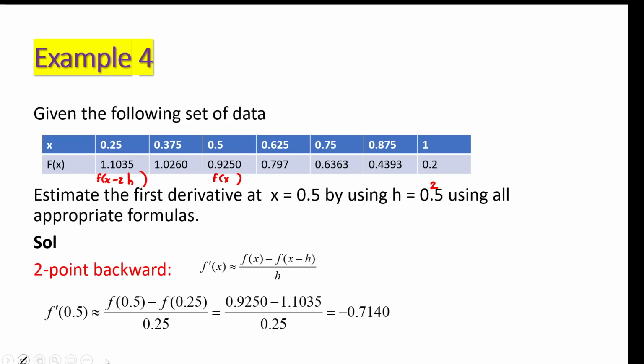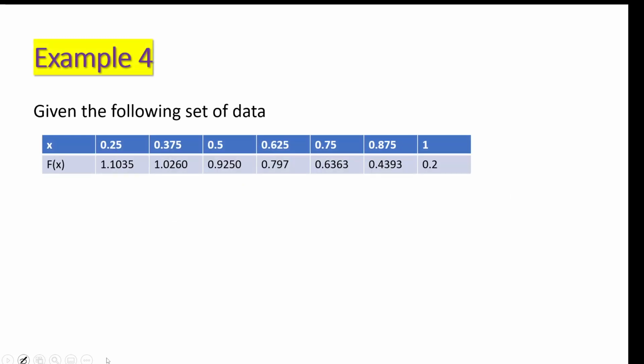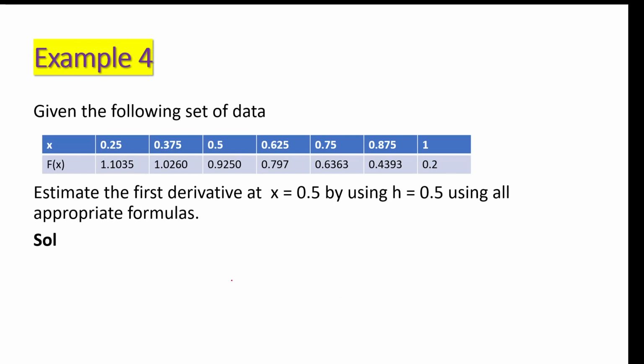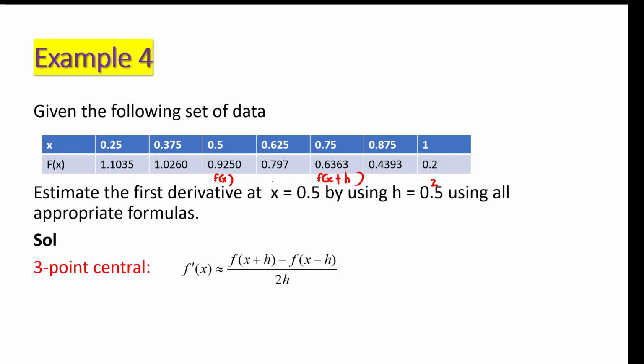So this is 2-point backward, then 3-point central, h is 0.25. For 3-point central, this is f(x), here is f(x+h), this is f(x-h).